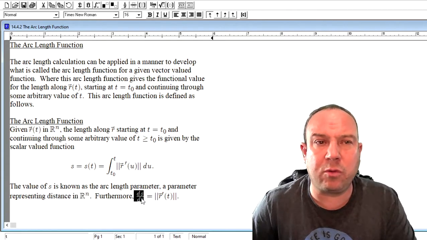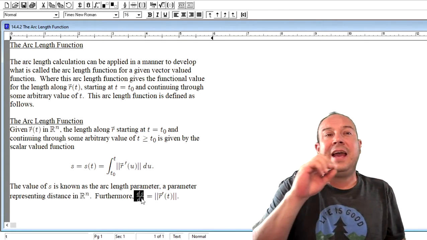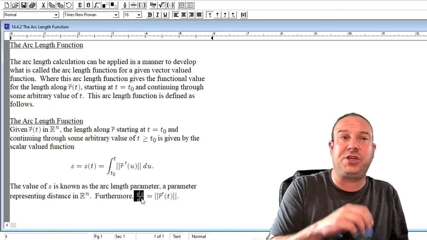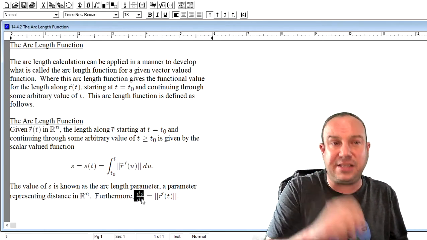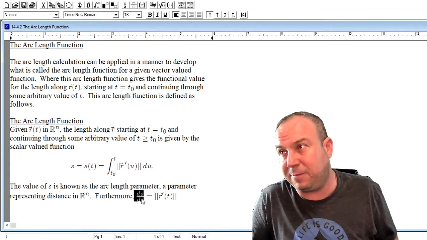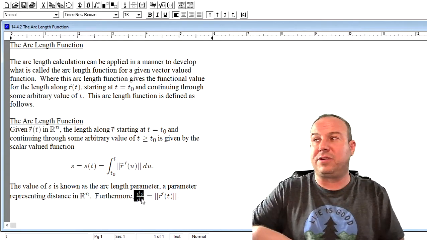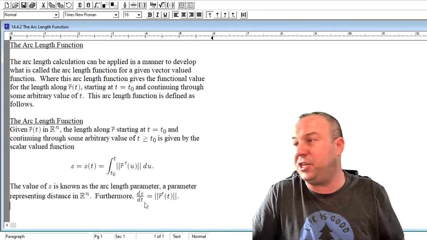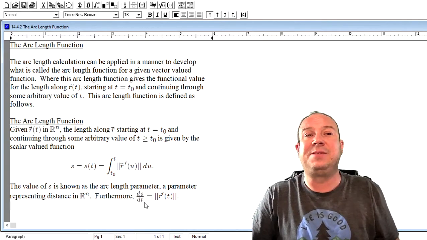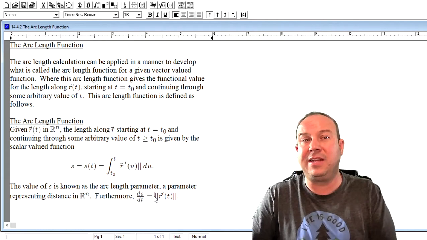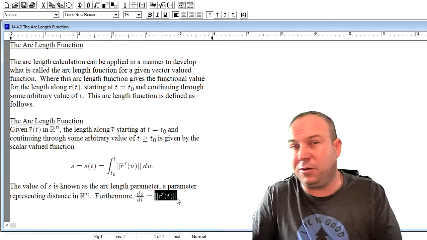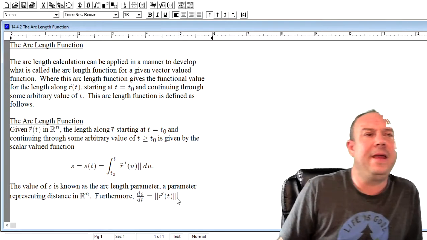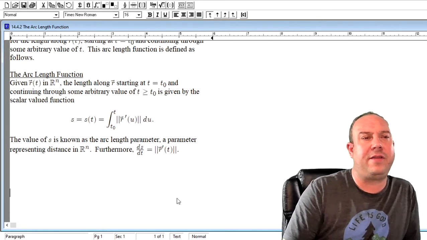And then furthermore, what we can say is s, or s of t, is a description of distance with respect to time. And what is distance traveled over time, or the rate of change in distance with respect to change in time? Well, it is speed, right? Or it is this magnitude of r bar prime of t. All right? So we make a note of all that in our definition.